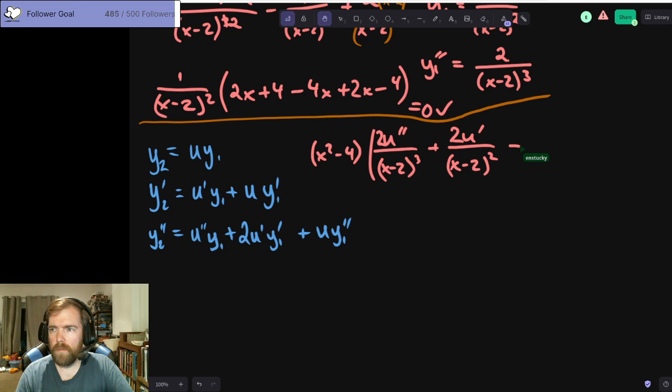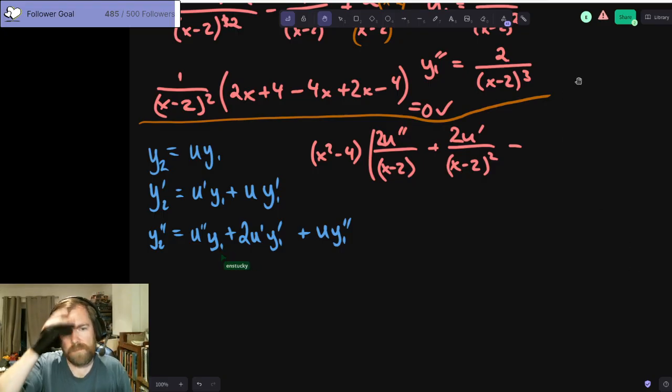I think I've got hasty on the powers. This is y1, so it has no power. y1 prime has a power of 2, and that also means that coefficient is off.